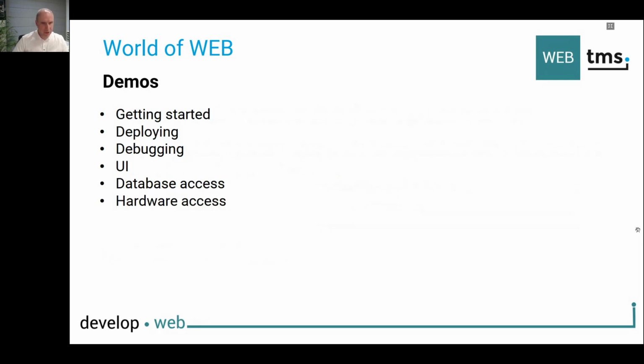So enough talk. I think you're all more excited about me demoing all kinds of things. So this is what we have prepared for you: the first basic steps and explaining the architecture and everything that is involved with a web application created with TMS WEB Core, what to do for deploying these web applications, how we can do the debugging, several aspects of user interface building with TMS WEB Core, how we can access a database, and finally also how we can do hardware access.